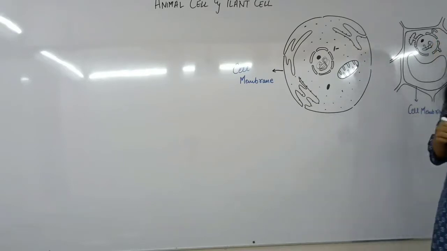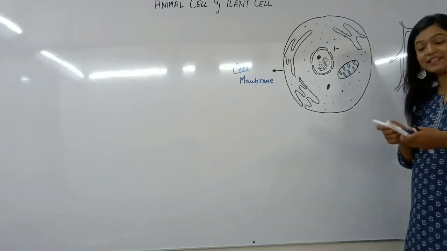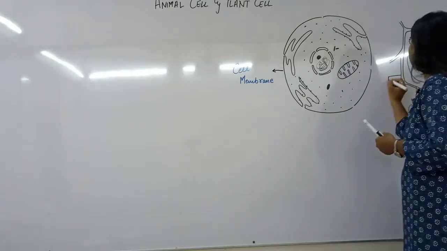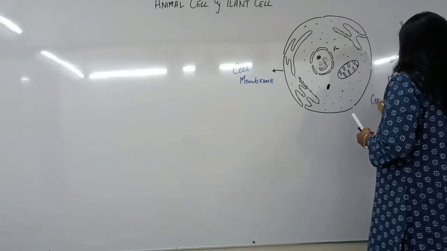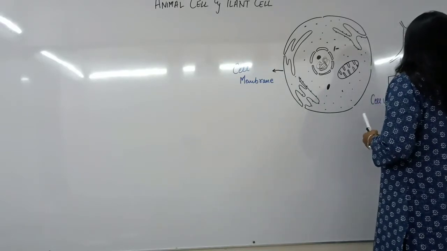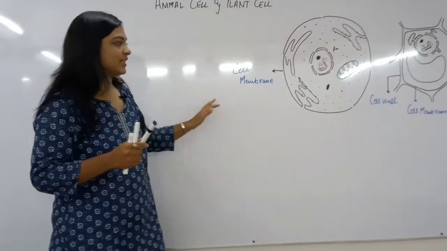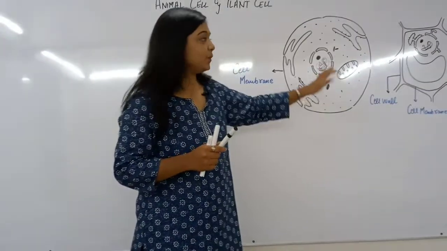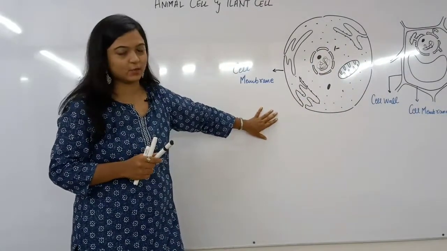We see that there is an additional membrane attached to the plant cell which comes right before the cell membrane. That additional membrane is called the cell wall. So the very first difference between an animal cell and a plant cell is that a plant cell will have a cell wall while an animal cell will not have a cell wall.